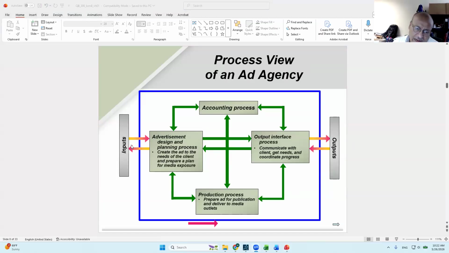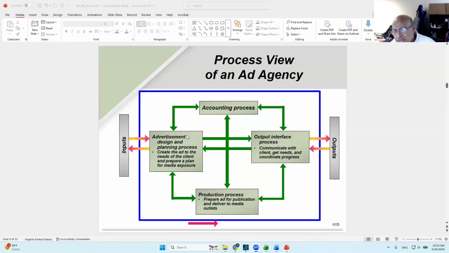Somebody said, okay, I am looking for a specific advertisement for my product. Say NVIDIA came with that advertisement to an ad agency. Create an advertisement for my H100 chip. So they are talking to the design and planning process, the first part.